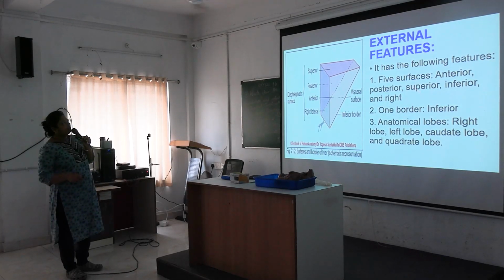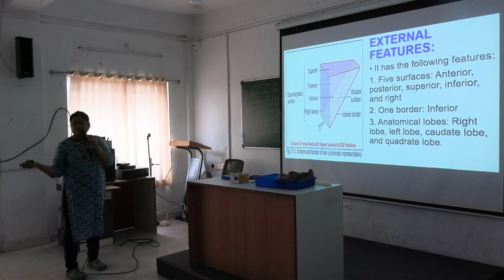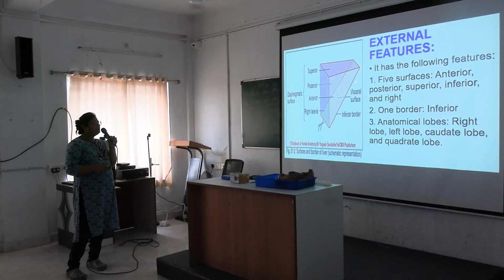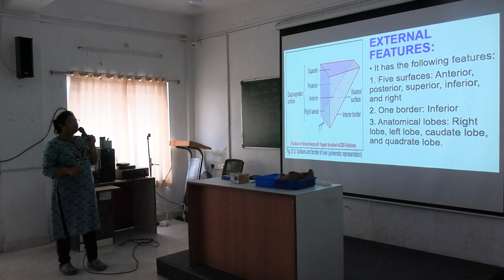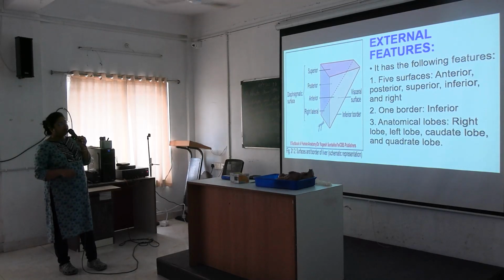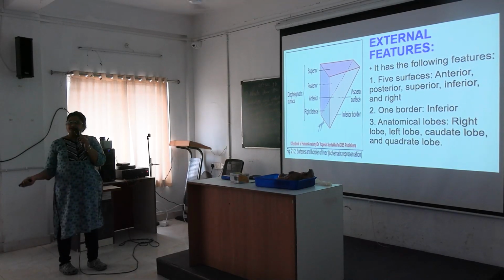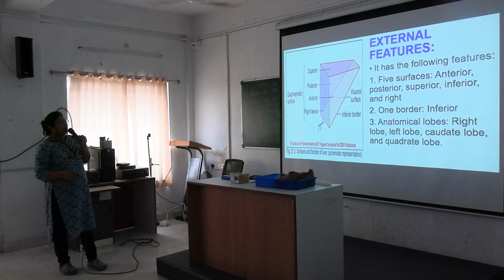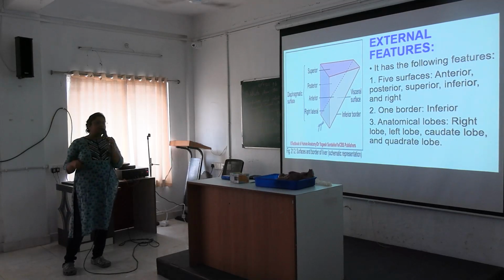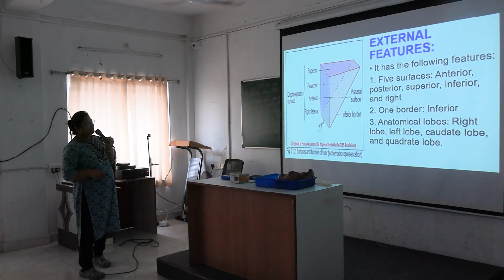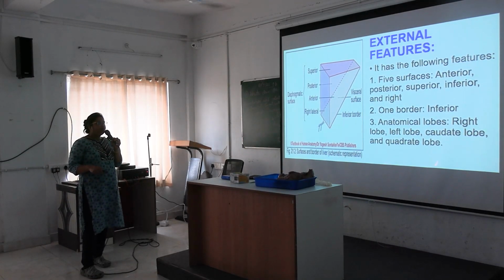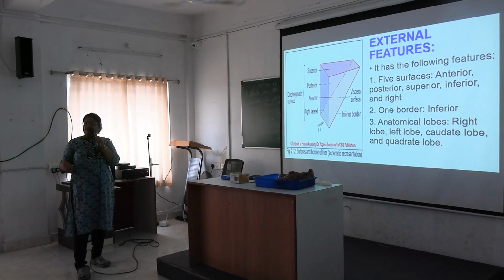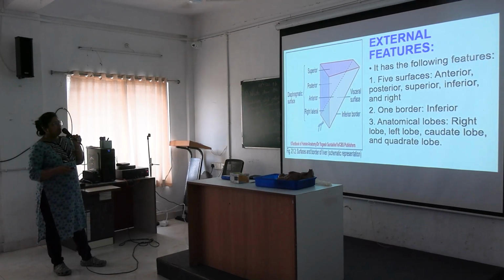Okay, and it has only one sharp border, that is inferior border. This border is inferior border separating the anterior surface and right lateral surface from this visceral surface. And there are lobes. Anatomical lobes are right lobe and left lobe, caudate lobe and quadrate lobe. These are 4 main lobes in the liver.